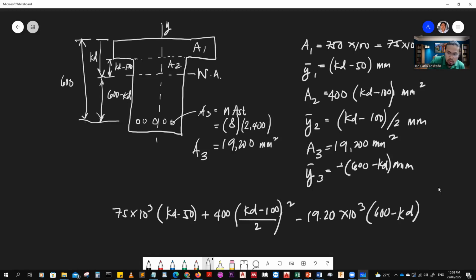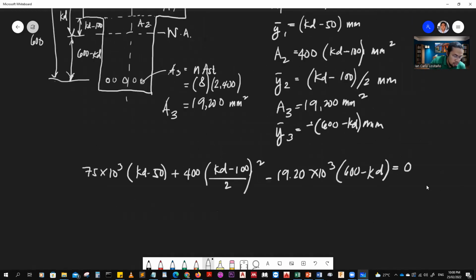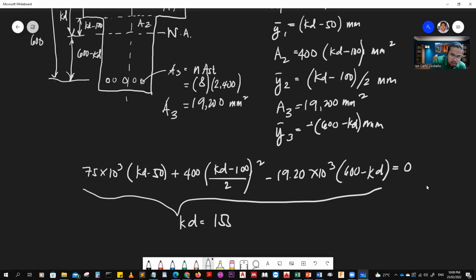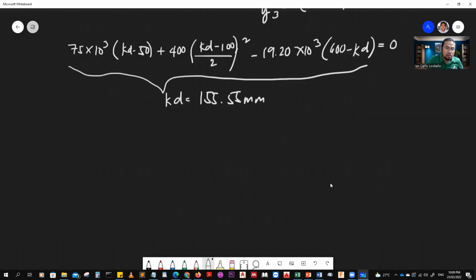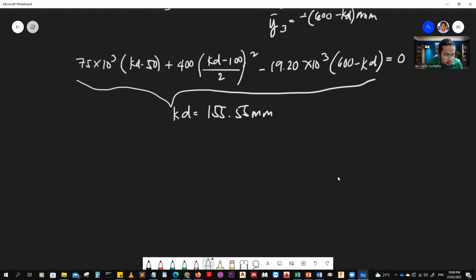Okay, supposedly there should be a zero moment, since the neutral axis is fixed. So you have your equation, and simplifying it is going to become a quadratic equation, and the formula is going to give you kd equal to 155.55 millimeters. You'll try to solve for that one, okay? Because that would actually take a lot of time.